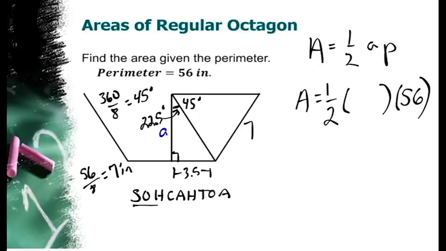In SOHCAHTOA, we got sine, which is opposite over hypotenuse, cosine, which is adjacent over hypotenuse, and tangent, which is opposite over adjacent. Because we're working from the central angle location, the apothem is the adjacent side, and the 3.5 is the opposite side. So that tells us we're looking at using a tangent function.